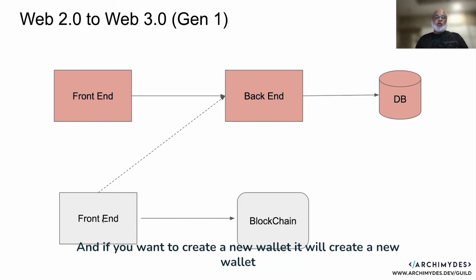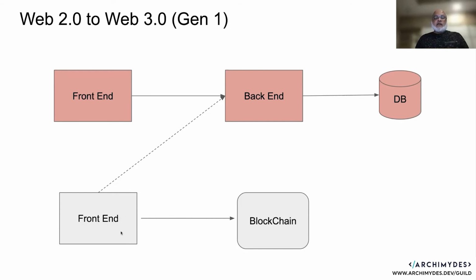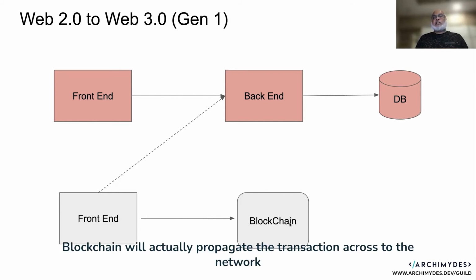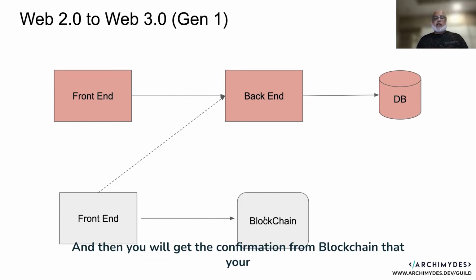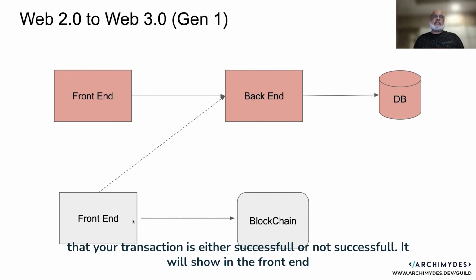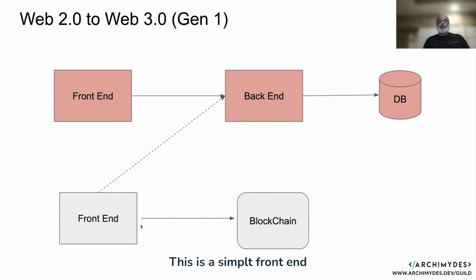And if you want to create a new wallet, it will create a new wallet. If you want to send a transaction, you will do something and then you will call the blockchain. The blockchain will propagate the transaction across the network. And then you will get back the confirmation from the blockchain that your transaction is either successful or not successful, and you will show it in the front end. This is a simple front end.